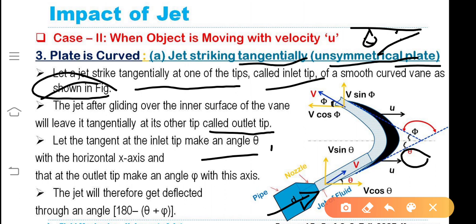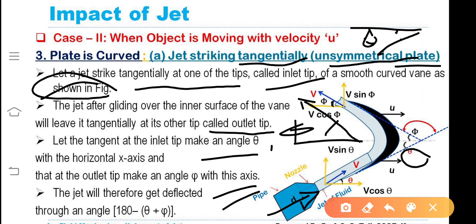Same, the tangent at the outlet tip makes an angle phi with the same axis, that is the horizontal axis, phi here. It is not denoted for the angle which is marked red. It is the interior angle here with respect to the x-axis. When the water is leaving in this direction, this will be phi.